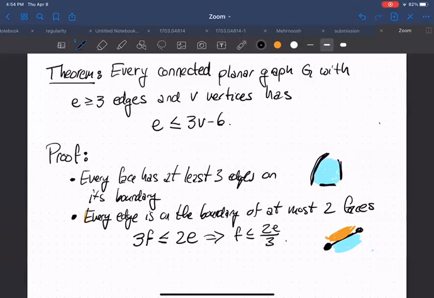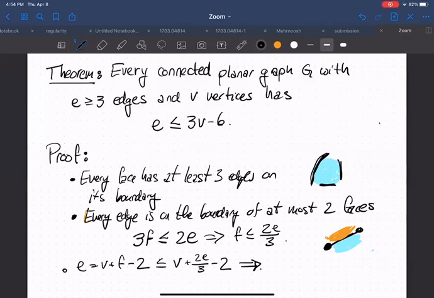All right. So now we're basically done. We know Euler's formula, which is that E is equal to V plus F minus 2. But now we know F is less than or equal to 2E over 3. So E is at most V plus 2E over 3 minus 2. And rearrange that.